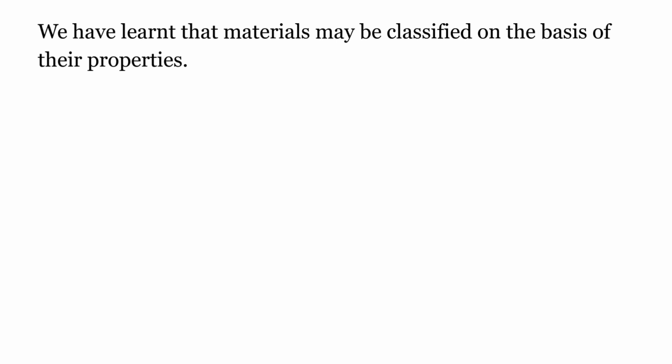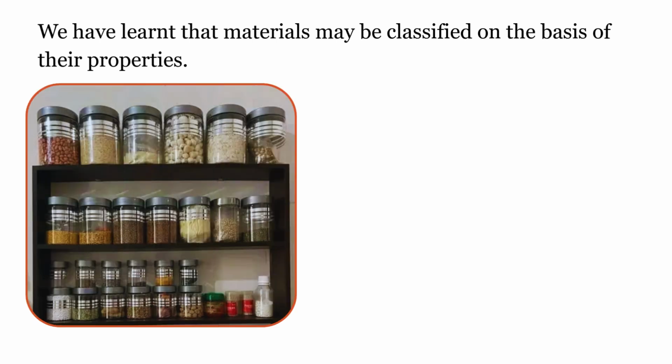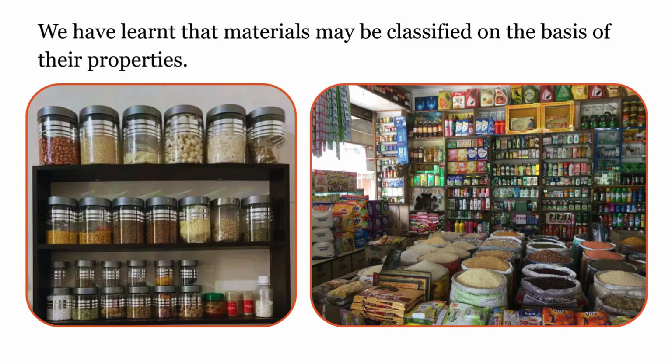We also have learned that materials may be classified on the basis of their properties. For example, in the kitchen, we usually store things in such a manner where similar utensils are placed together. Similarly, a grocer usually keeps all types of spices in one corner, pulses and grains in another corner, and so on.